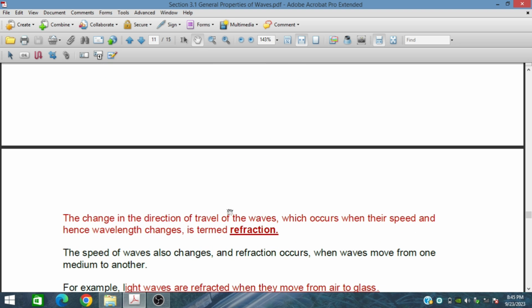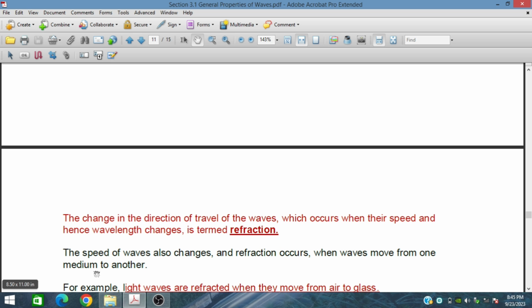The change in the direction of travel of the wave, which occurs when its speed and hence wavelength changes, is termed refraction. Speed changes, wavelength changes, and this phenomenon is the refraction of waves.